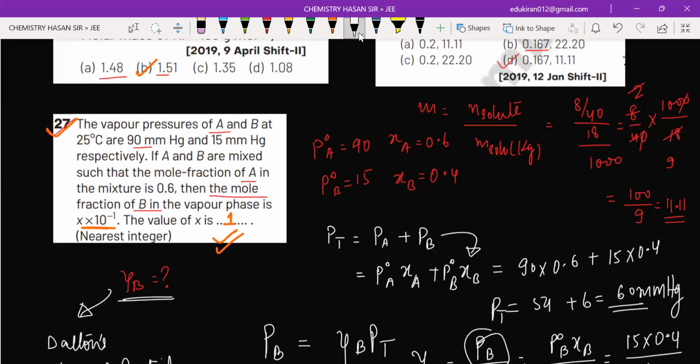In Raoult's law, we take the mole fraction of liquids, and whenever it talks about the mole fraction of vapor, we use Dalton's law of partial pressure. Is that clear, both of you? Yes, sir. Okay.